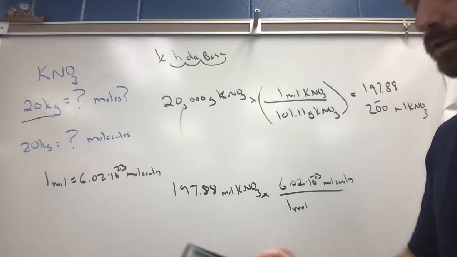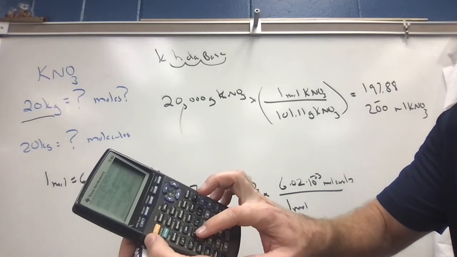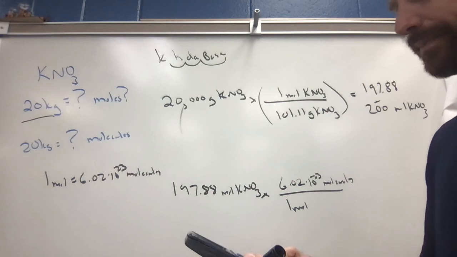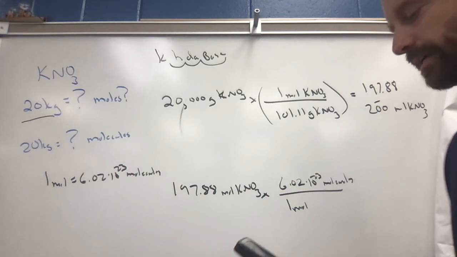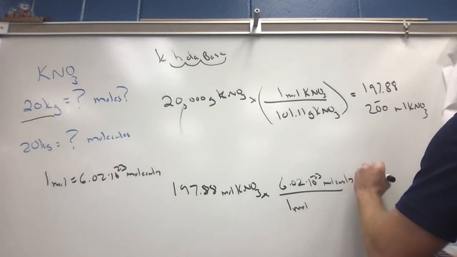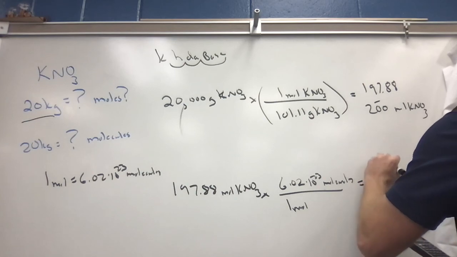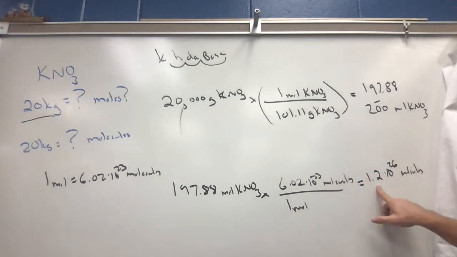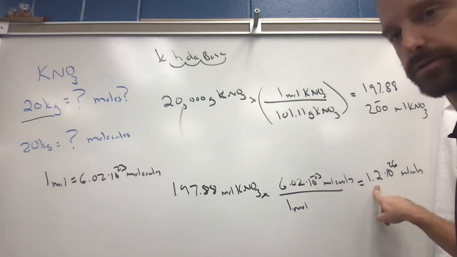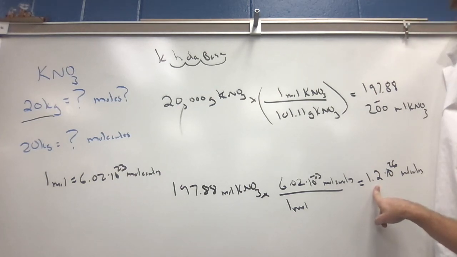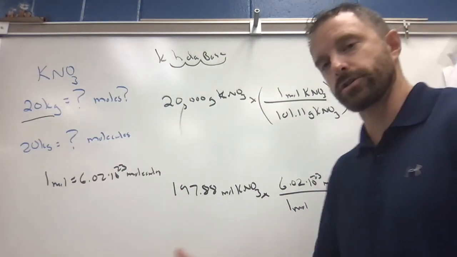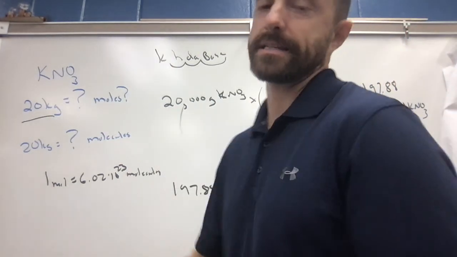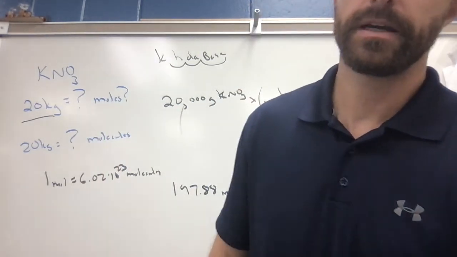So 6.02, and remember that's the EE button, right? So second, and then usually above the 7. 6.02, EE23, and so that gives me 1.2 times 10 to the 26th molecules. So that would be 1.2 and then 25 zeros after it. So that's in the heptillions, right? Millions, billions, trillions, quadrillions, pentillions, hexillions, heptillions, right? That's in the heptillions. It's a lot.